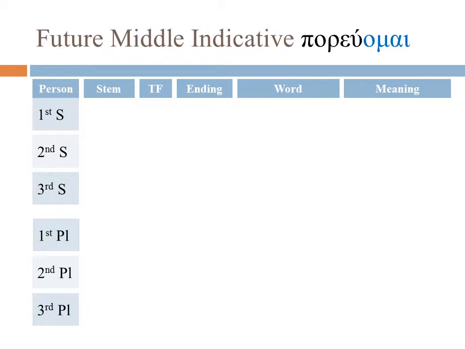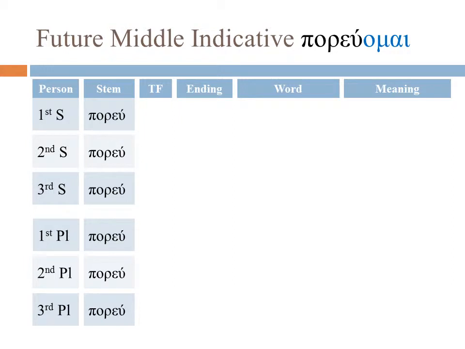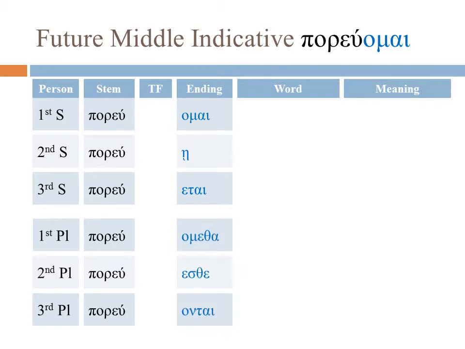As far as we're going to do, we can think of the middle as being a place for deponents. So let's go ahead and look at it. We'll have the stem, which is πορευ. The endings are the same as the middle endings for the present: omai, ei, etai. And the plural, ometha, esthe, ontai.